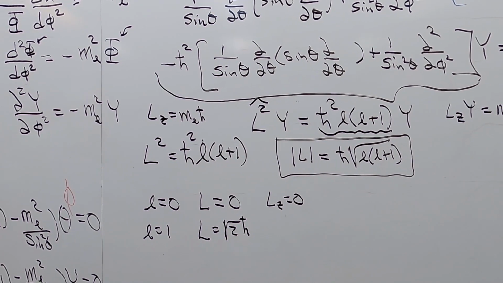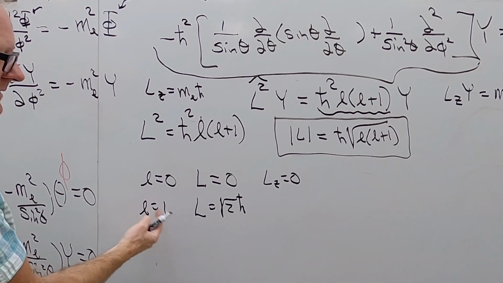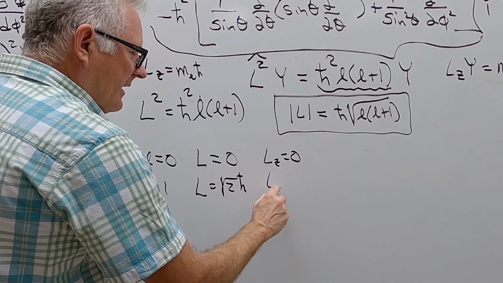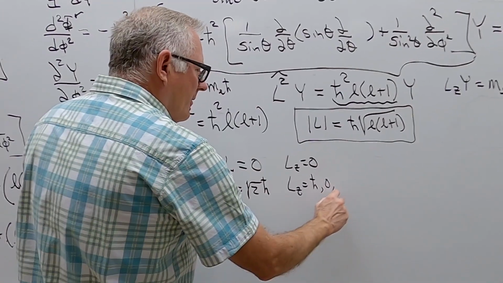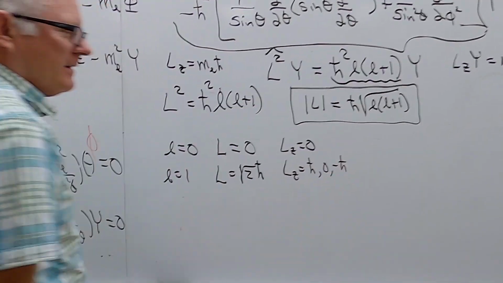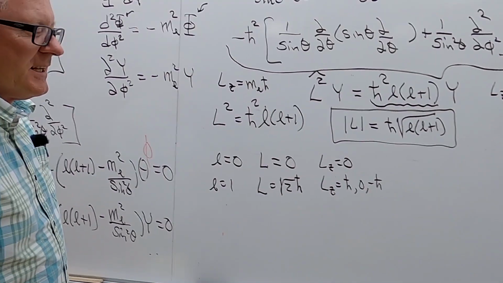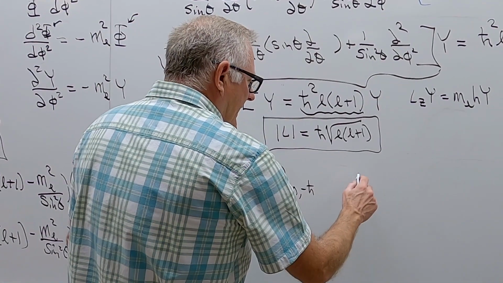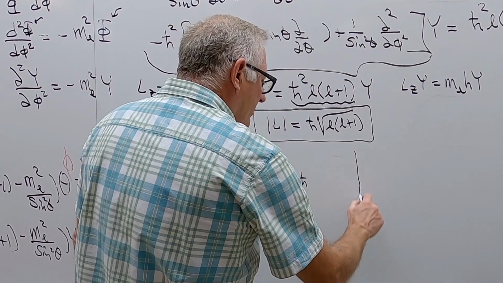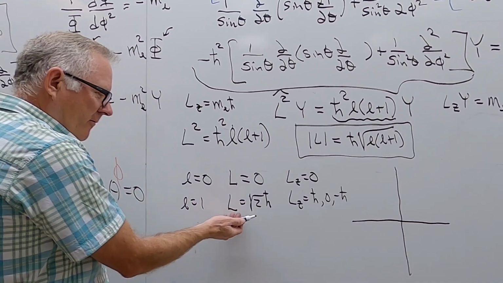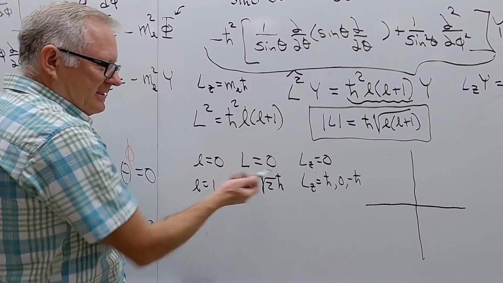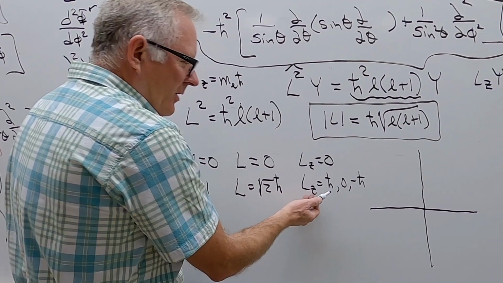Remember m sub L can be 1, 0, or minus 1, so LZ can be h bar, 0, or minus h bar. That's all it can be. Which tells me that if we were to plot this out, the total length of the vector has to be this long, and the z components are these long.